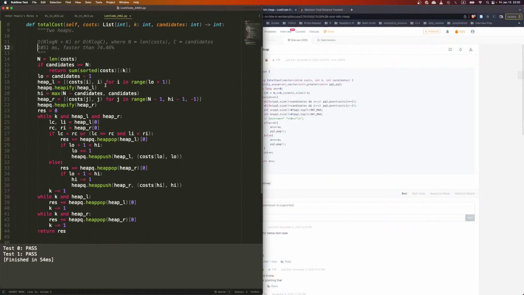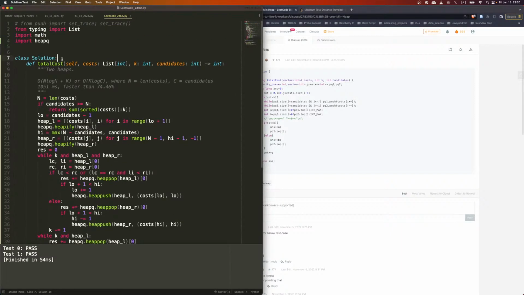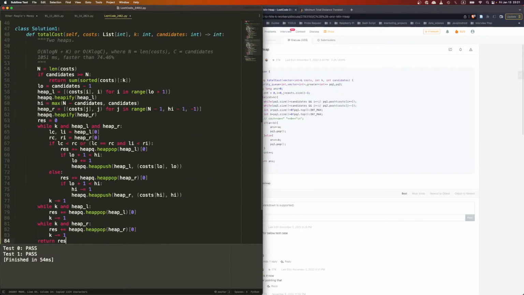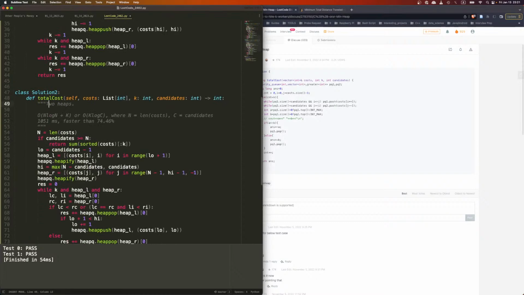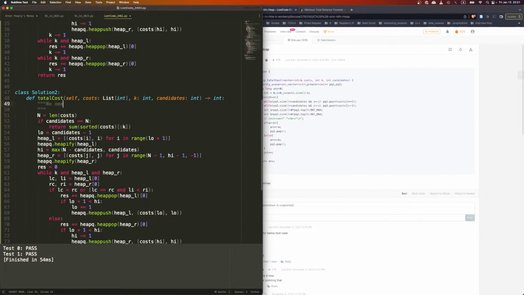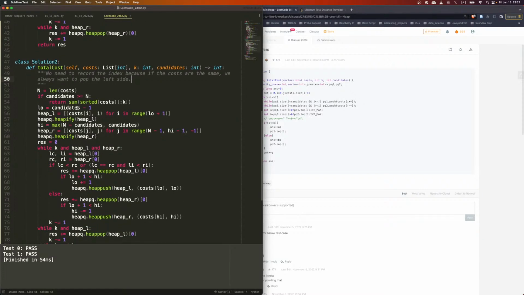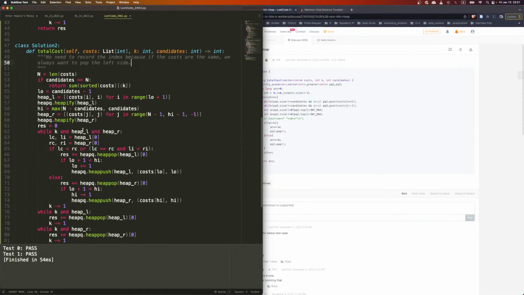I don't have to put the index, because if the costs are the same, we always want to pop the left side. Okay, so this is fine.